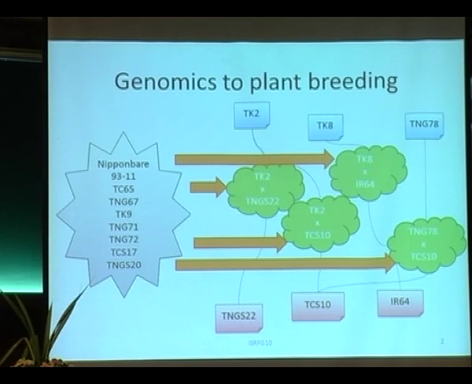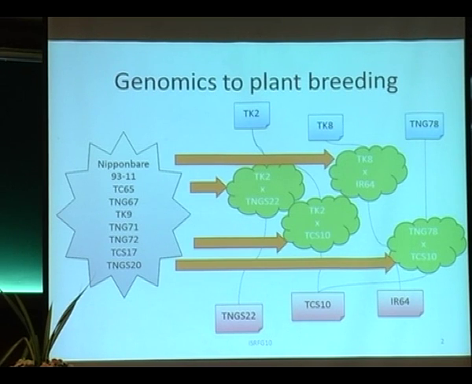Sometimes they set up a breeding program and make a cross between indica and japonica, but also sometimes indica by indica or japonica by japonica. And in some cases, they need more markers to analyze it.